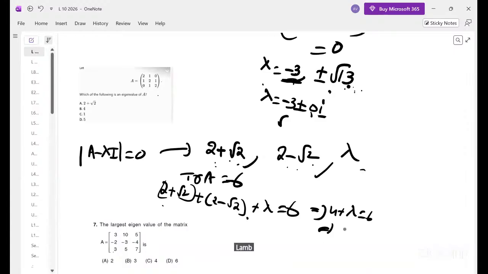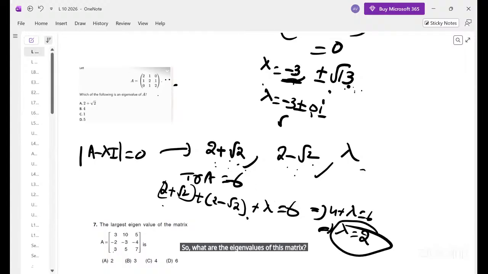So lambda is 2. The eigenvalues of this matrix are 2 plus root 2, 2 minus root 2 and 2. Whenever a plus root b is an eigenvalue, a minus root b will also be an eigenvalue. So be careful.